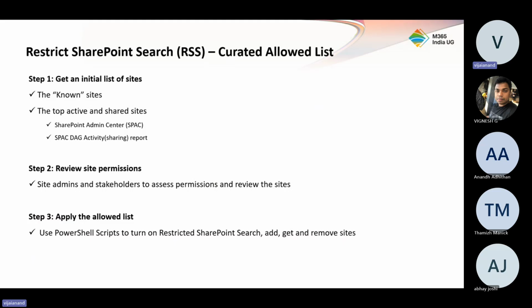You can collect all that information from the SharePoint Admin Center or the DAG report that we showed before. The next step is to review site permissions. Once you have done the site access review, you can consider those sites as the allowed sites, and apply them to the Restricted SharePoint Search feature.